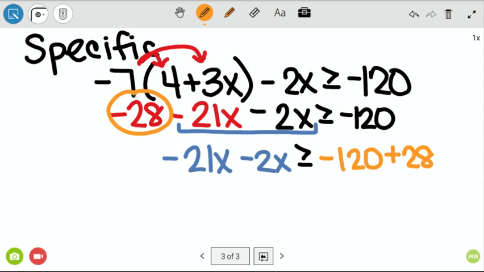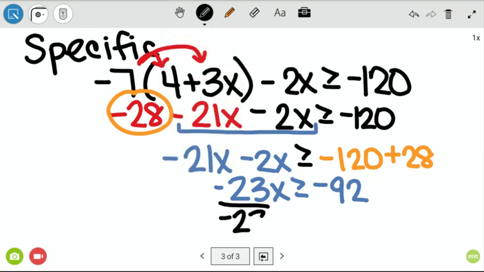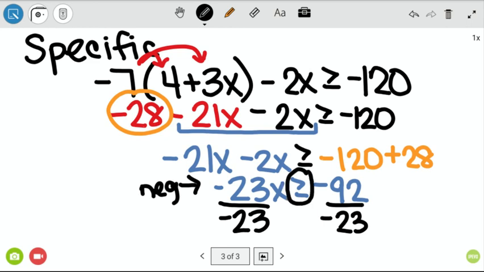-21 and a -2 would be a -23x is greater than or equal to. Then we need to take -120 plus 28, and that gives us a -92. All right, now, if we look at this, we are dividing by -23. So since the coefficient here is negative, when we write our final solution, we're going to flip that inequality.